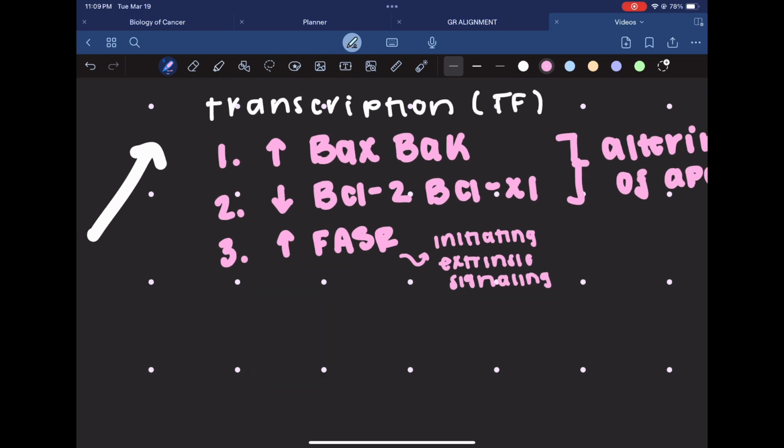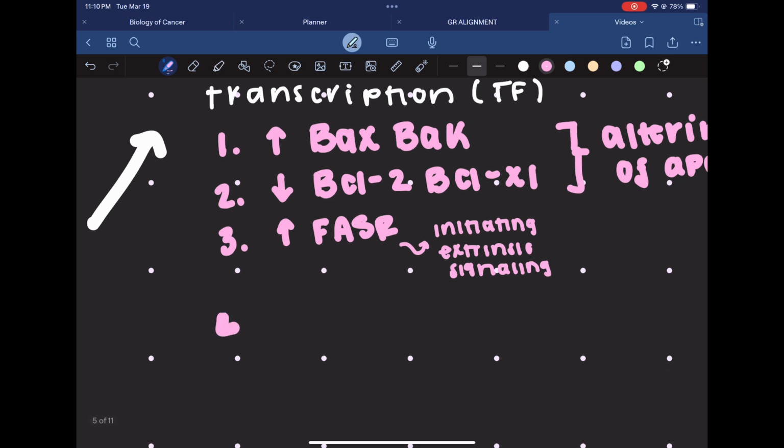So if we have more of our FAS receptor present, then we're more able to actually receive those extrinsic signals, because there's just a higher density of receptors on the surface of the cell, so more of the ligands will be able to bind.